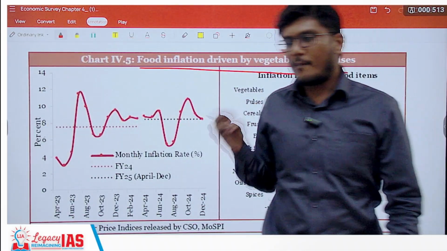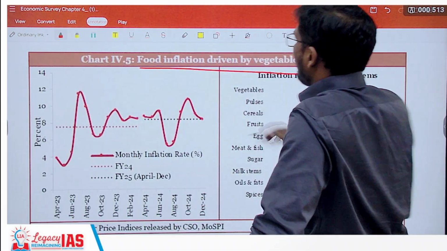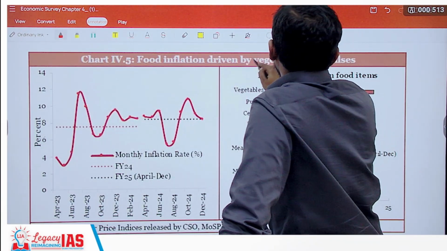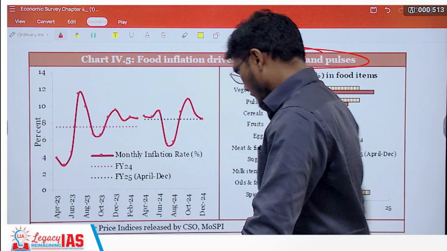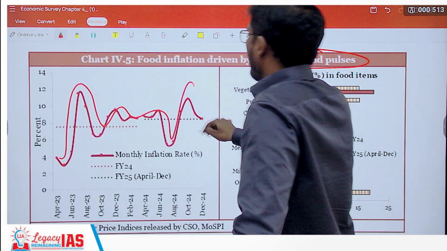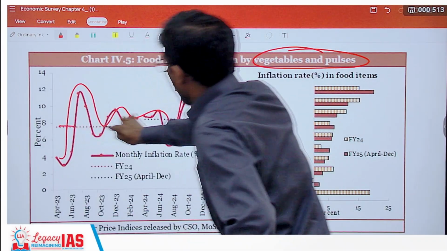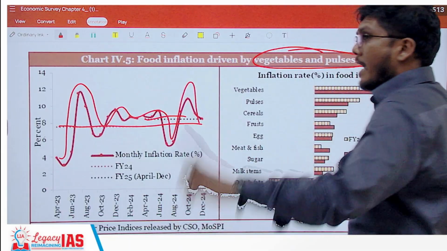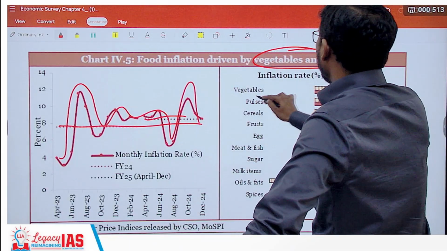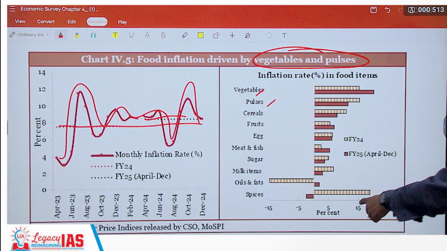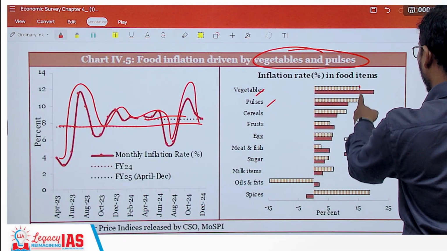Now coming on to the major culprit, that is food inflation. The Economic Survey says that it is driven specifically by vegetables and pulses. If you look at food inflation month on month, it has been high. This is the average, close to 8%, and here the average is above 8%, and it is high due to vegetables and pulses. In financial year 24, it was close to 15.